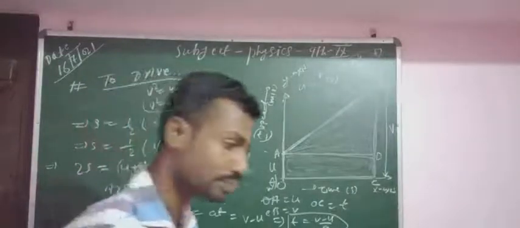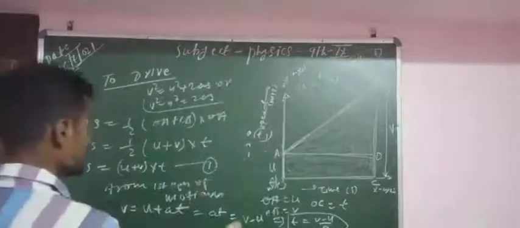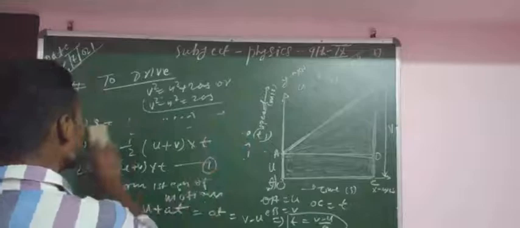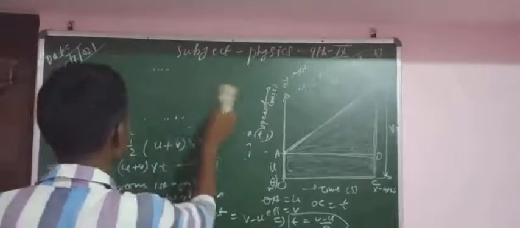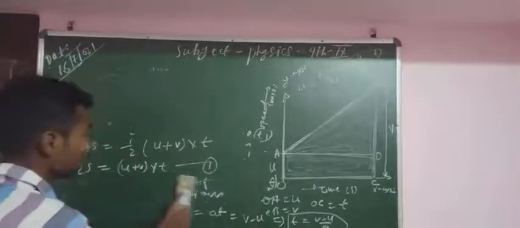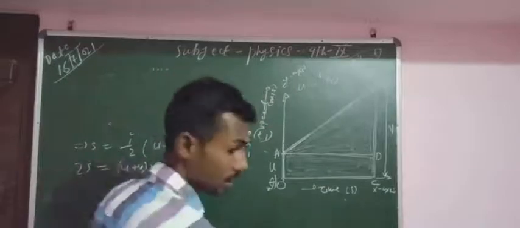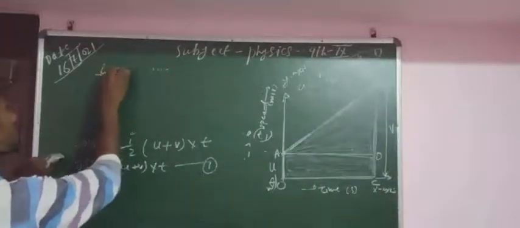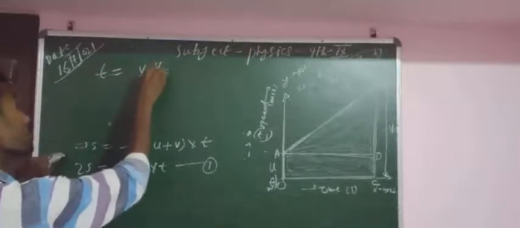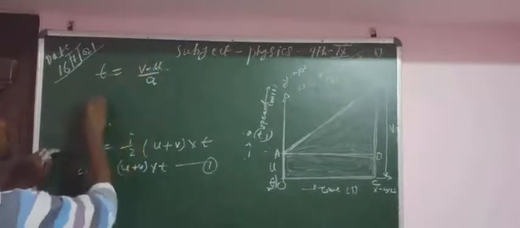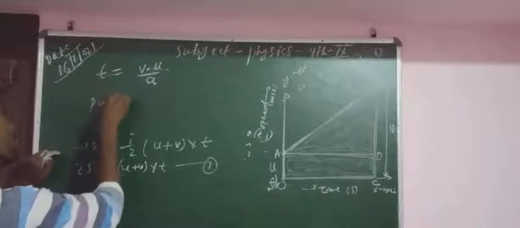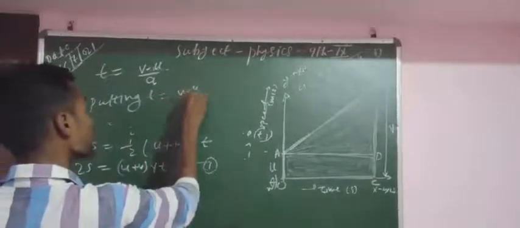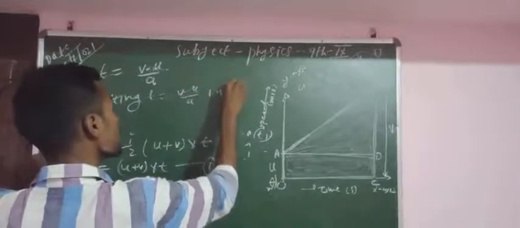It doesn't matter. Now we have t equals (v minus u) by a. Putting this value of t in equation first.